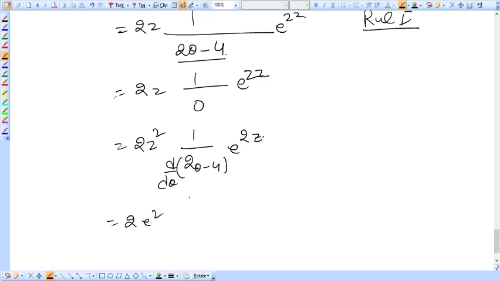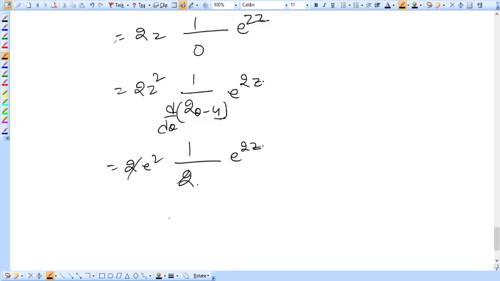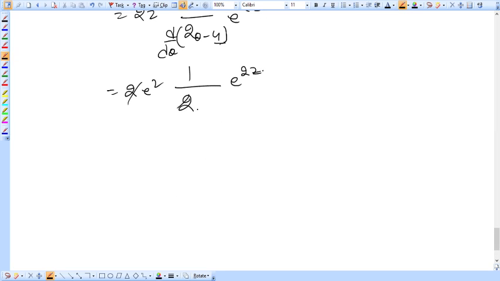After differentiation it would be 2 in the denominator, so the 2 cancels. So in this way this is z square. I mistakenly wrote it as z. So we get z square e to the 2z as the particular integral yp.